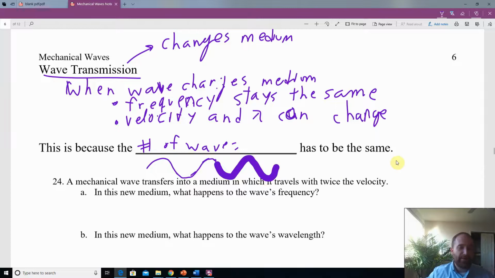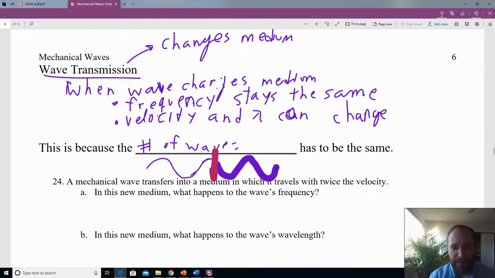A thick rope is just fundamentally different from that thin string. They have different properties. And so let's say the wave changes speed once it reaches that interface. Once it reaches that point right there, it's going to change speed.